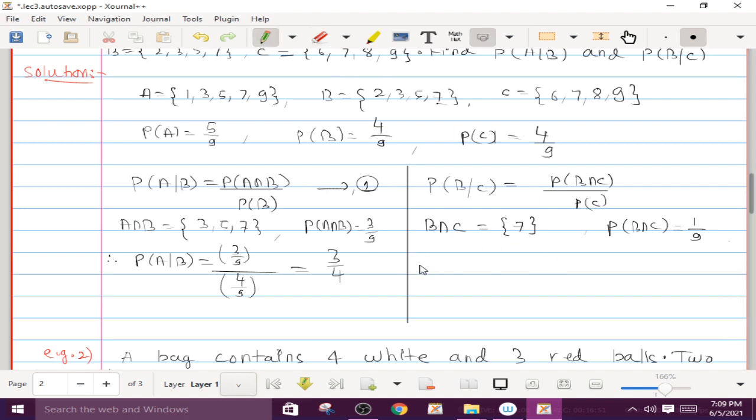Now therefore this equation 2 implies probability of B given C is equals to probability of B intersection C, 1 by 9, and probability of C is 4 by 9. Therefore the answer is 1 upon 4. In this way we can find out this conditional probability.